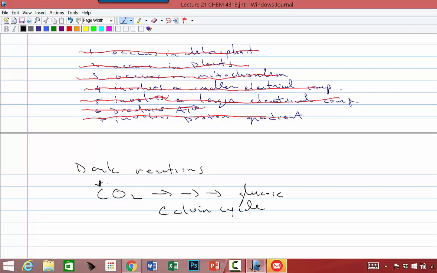So I know you guys have seen this probably in basic biology, but now you can appreciate the details into how this all comes about. It's not just a simple, oh, you just zap this thing and you get these O2 molecules out. It's a fairly lengthy and complicated process.